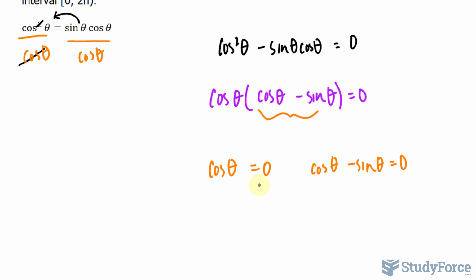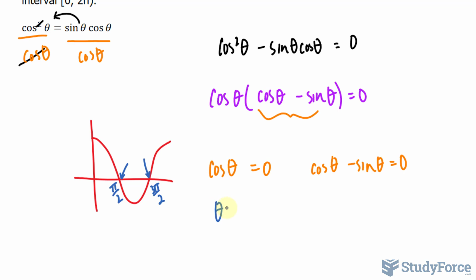Cosine theta is equal to 0. Remember what the cosine wave looks like? It looks like this, and when y is equal to 0, you have x values at pi over 2 and 180 degrees later, or pi later, 3 pi over 2.